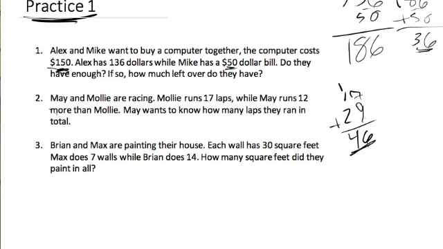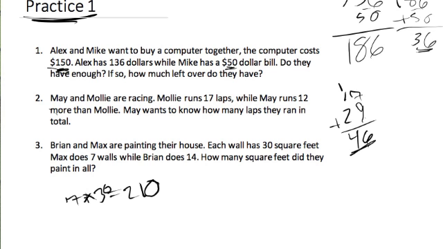So first, if you know your multiplication facts, you can just do this. 7 times 3 equals 21. But since it's 30, you add another 0 at the end. So adding a 0 on the end is 210.